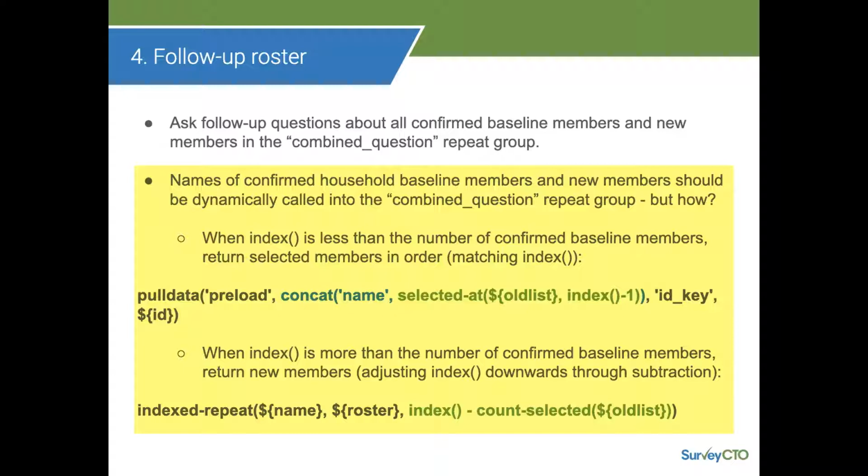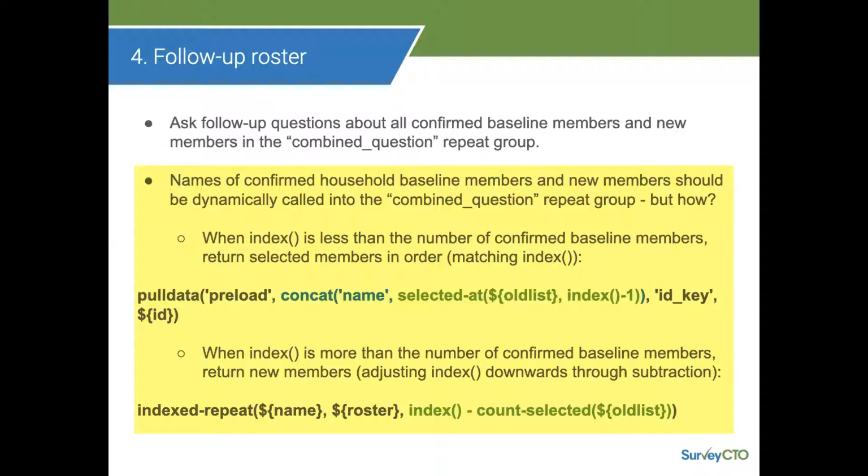So let's discuss some example. For ID2, there are 3 baseline members. Let's say that 2 baseline members are selected, confirming their continued presence in the household. That means that the number of selections stored by count selected in old list is only 2.